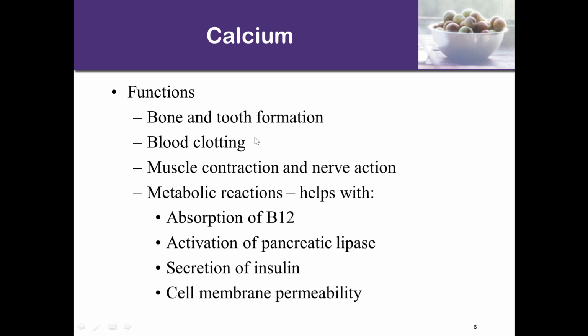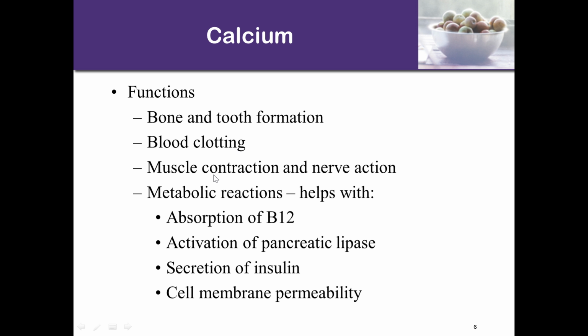I already told you that bone is formed by calcium. It also helps in blood clotting, muscle contraction and nerve action. During nerve action and muscle contraction, calcium ion acts as a cofactor, but in bone and tooth formation it acts as a major element, because bone and teeth are mostly made up of calcium ion.